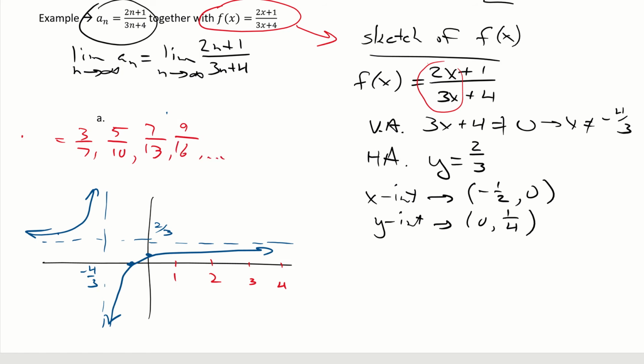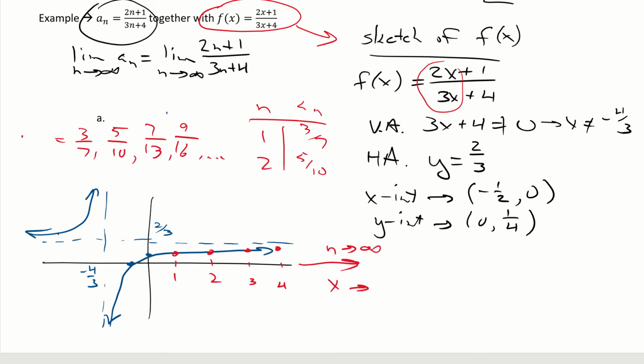But these are ordered pairs, if you want to look at it that way. Here's n and here's a sub n, just like a function. 1 gives us 3/7, and 2 gives us 5/10, etc. And where are those points? They're buried inside the continuous curve of this function. The point of all of this is to say that whatever the function does in terms of a limit at infinity, as x goes to infinity, is the same thing that a sub n does as n goes to infinity.